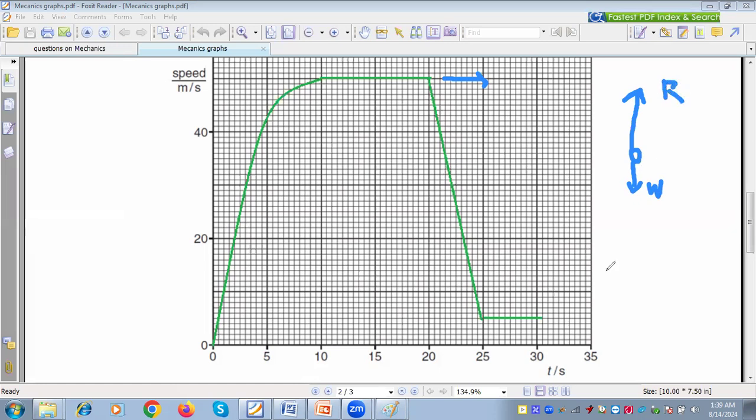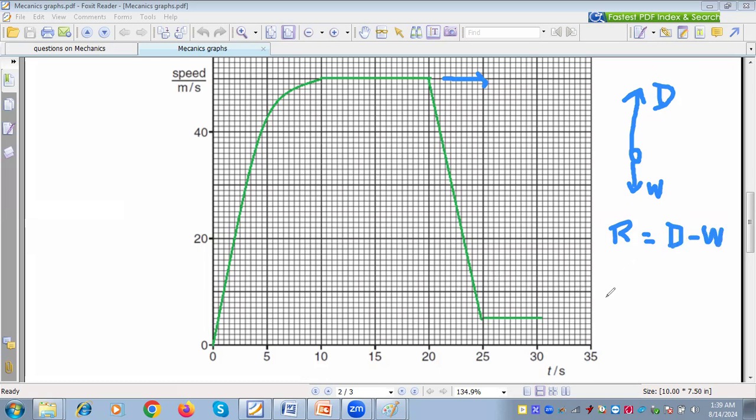What will be the resultant? Suppose this is the drag force. So our resultant will be D minus W. Means he will be decelerating.